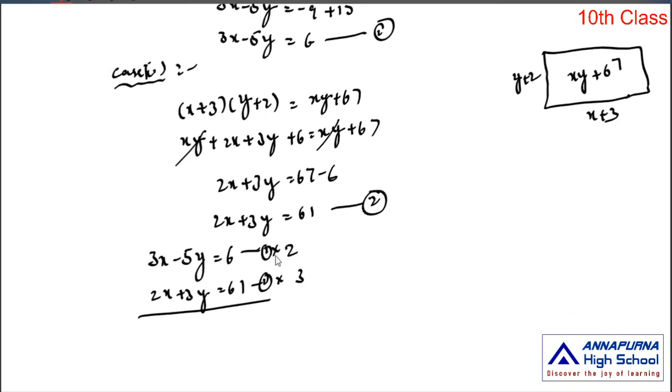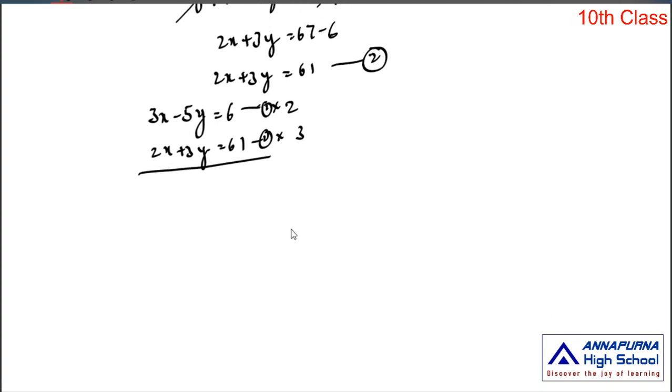Okay, so multiply the first equation by 2. 3x into 2, 6x minus 10y is equal to 12. And multiply the second equation by 3. 6x plus 9y is equal to 183.